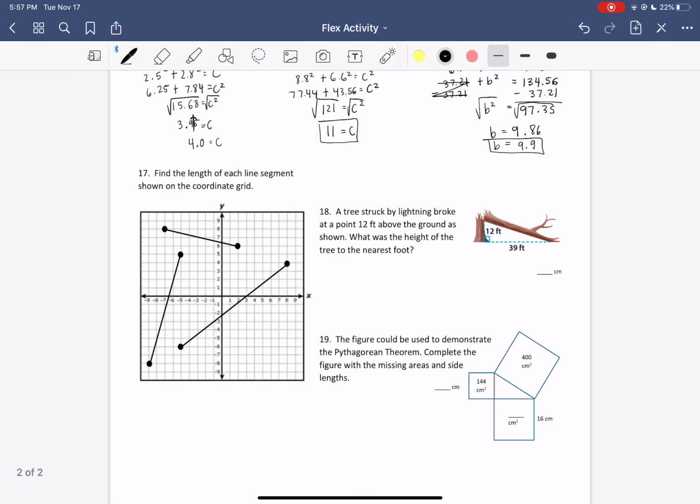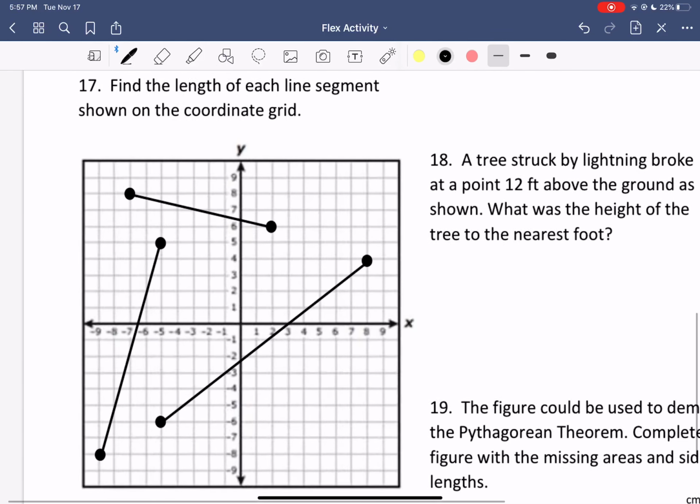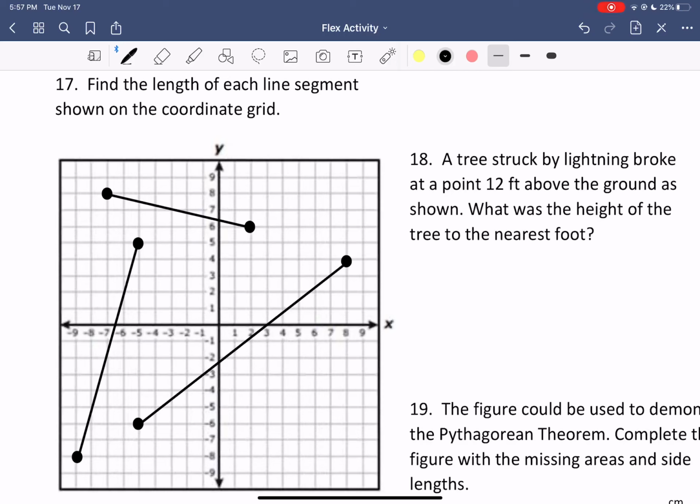And now we're going to look at number 17. So we're looking for the length of each line segment shown on the coordinate grid. So what we've learned to do in class is, rather than counting, we're going to turn each of these into right triangles. So here we have 3 separate right triangles that we can find.